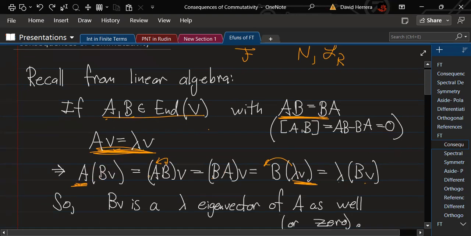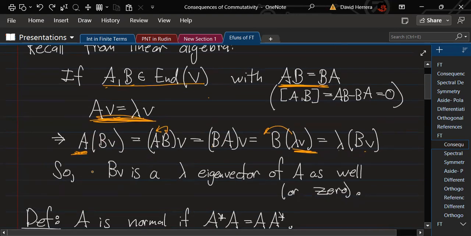So what that tells us is that A times BV is lambda BV. So either BV is an eigenvector with eigenvalue lambda, or it's 0. Usually, part of the definition is that an eigenvector is a non-zero vector.